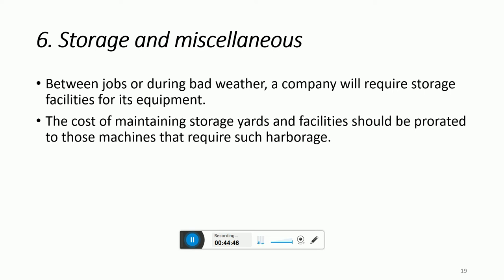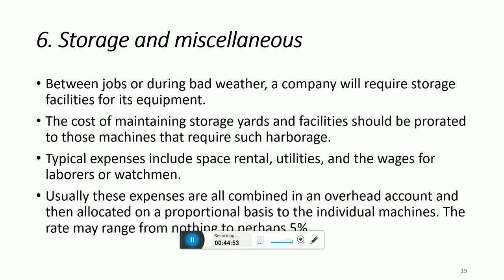Typical expenses for the storage include rental, utilities, and the wages for the laborers or the watchmen. Usually, these expenses are all combined in an overhead account and then allocated on a proportional basis to individual machines.